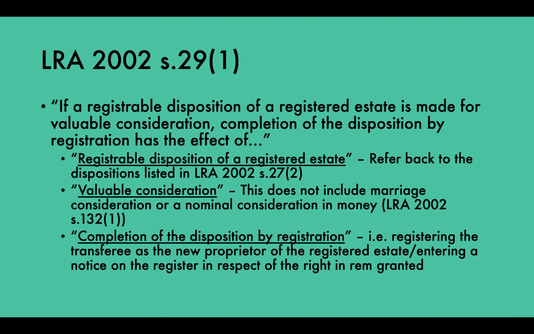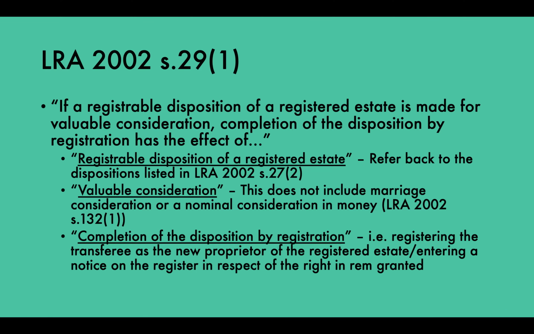And then completion of the disposition by registration. So for example, if the disposition in question is the grant of an easement, you can register it under the charges register of the burdened freehold. And if the disposition in question is, let's say, the transfer of the freehold, then you can complete the disposition by registering the new owner of the freehold as a proprietor.